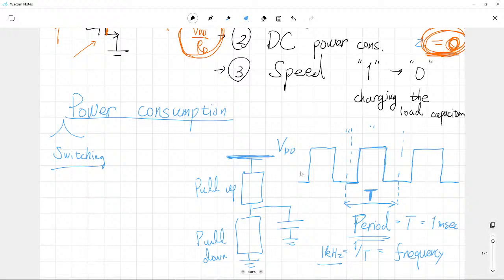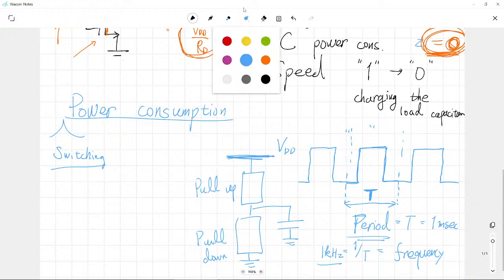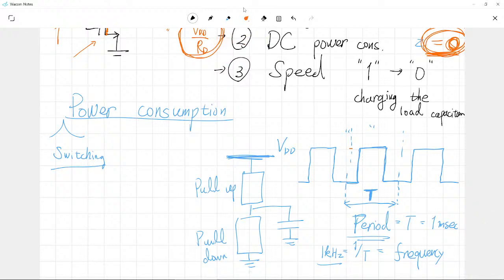This is the behavior of our input, and the behavior of our output will just follow high, low, and high. That will be the amount of our charge. In this case, the maximum charge at this point should be given by just C times VDD. So, are you with me?